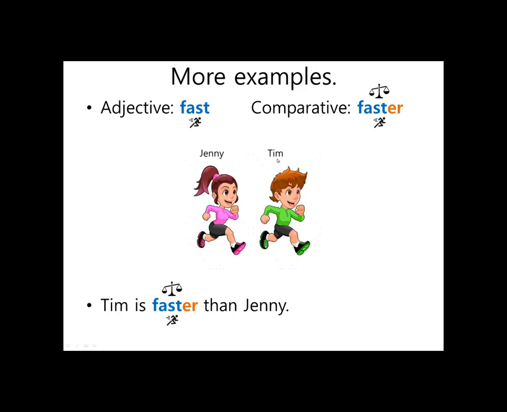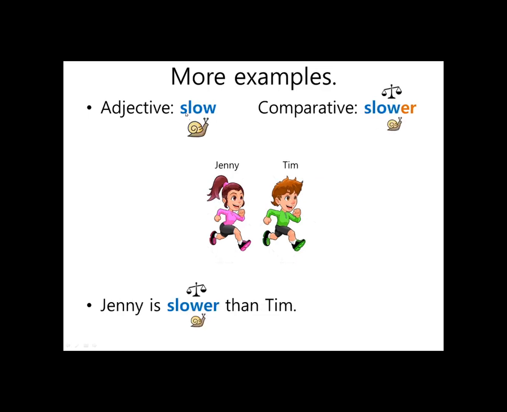Okay, so Tim is faster than Jenny. Okay, so we can change this the other way around by changing this comparative adjective. So we use the opposite, slow, and the comparative, slower. Jenny is slower than Tim.